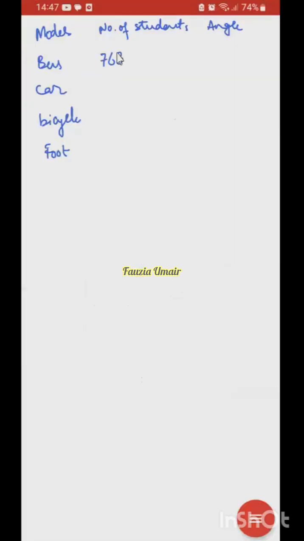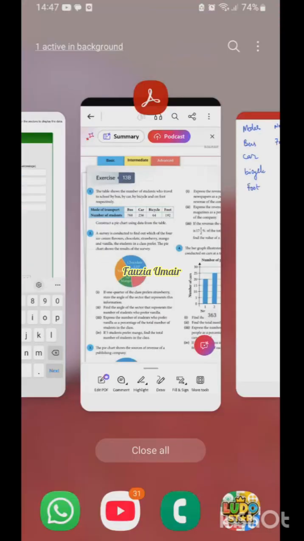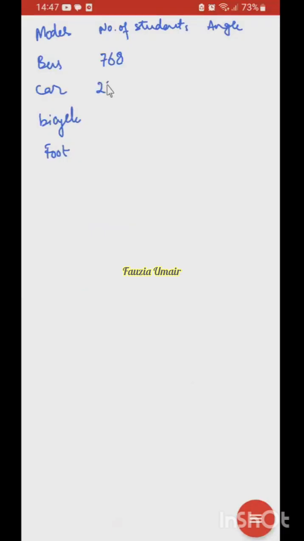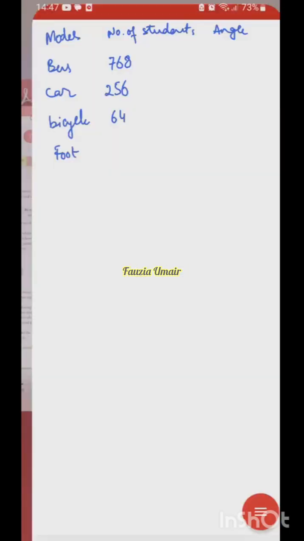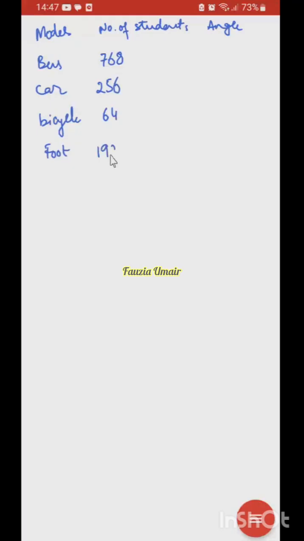So paper में mostly the calculations are not very difficult. 256, 64, and by foot how many? 192. Okay. So now we need to calculate angles. So how many total students are there? We need to find out the total number of students. So we'll just add them all. So 2 carry.